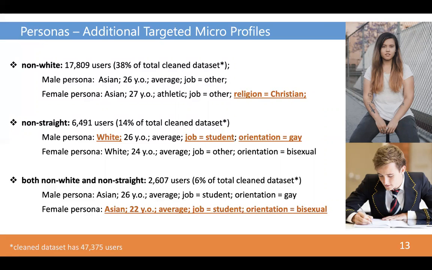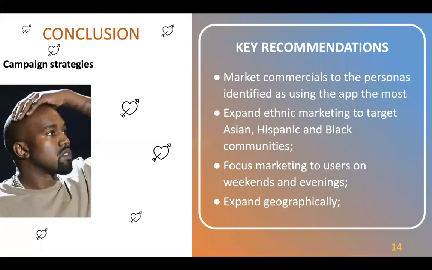If you take both non-white and non-straight, you can see that they're both Asian, and the male would be 26, whereas the female is 22. So these are very interesting insights for you to orient the marketing campaigns.